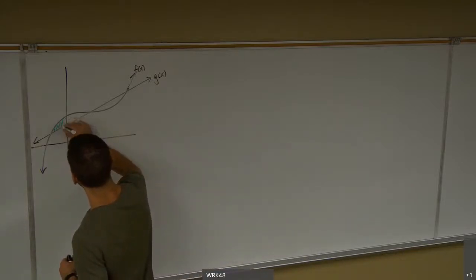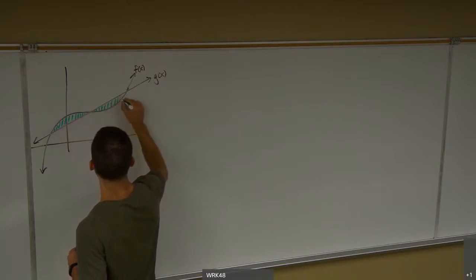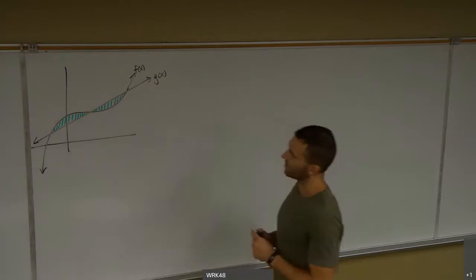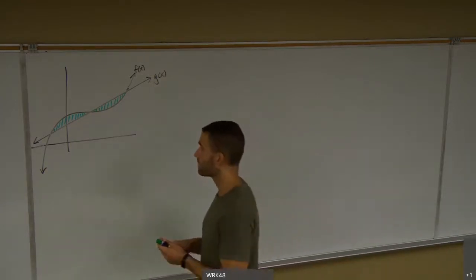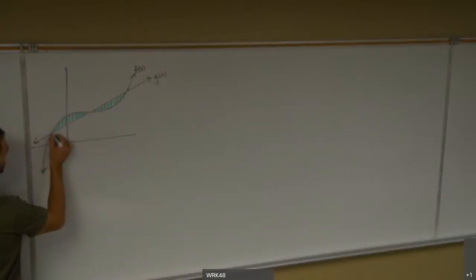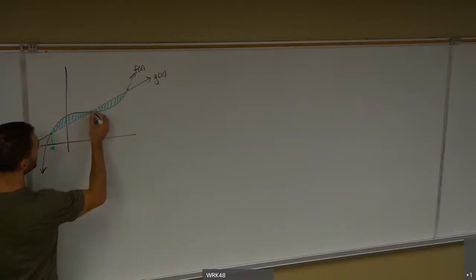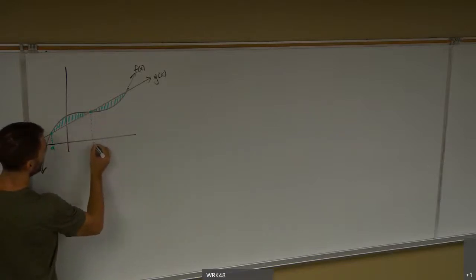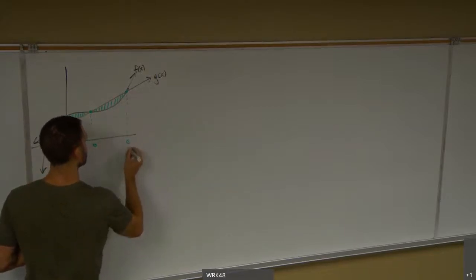And so what if I want to find the area of the shaded region bounded by these curves? The area is shaded in green. Now it's important to realize that they have one intersection point here, a. They have another intersection point here at b. And they finally have one intersection point here at c.